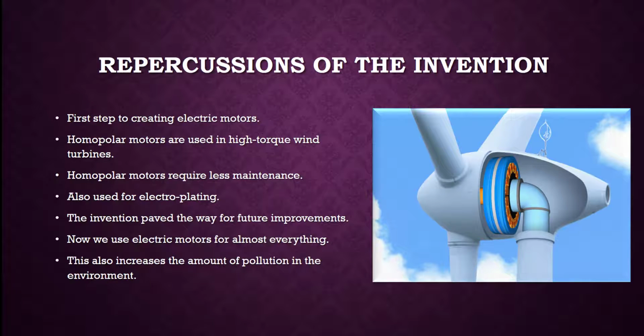For example, imagine these motors were mass produced at the time that Faraday had made them, which I know they wouldn't have been, but the way that all of the mercury would have been handled would have been terrible for the environment and people.